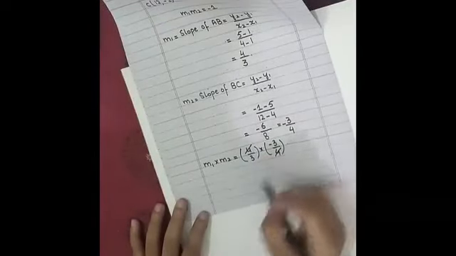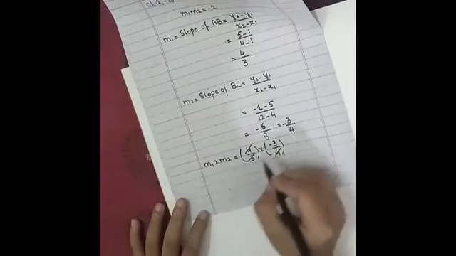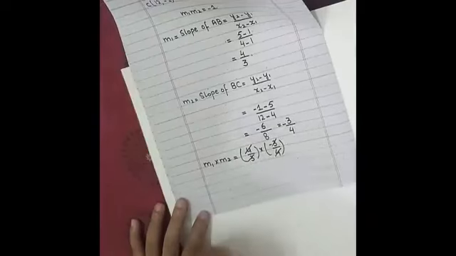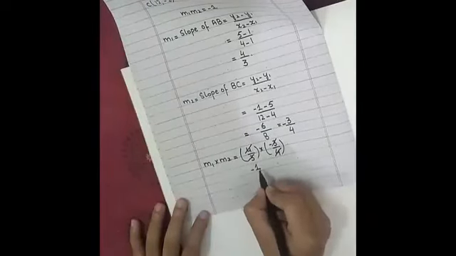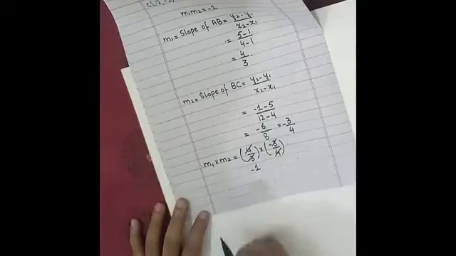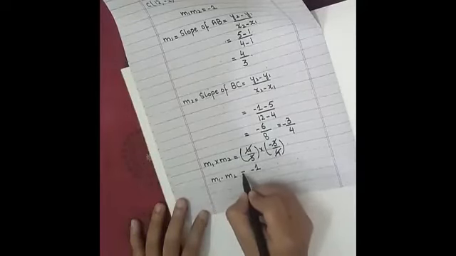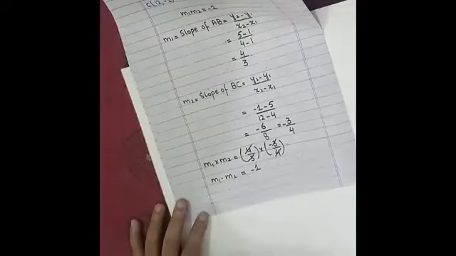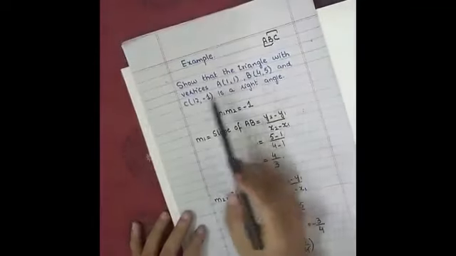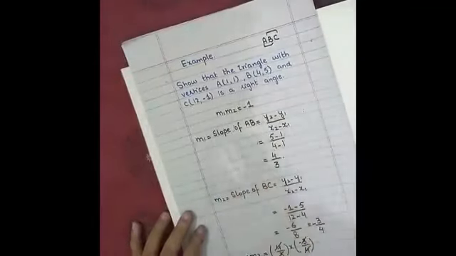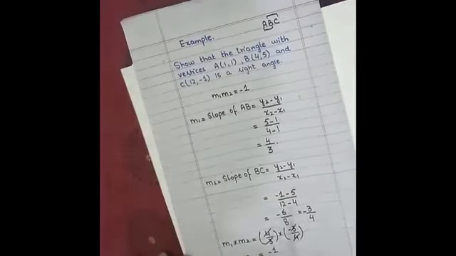This 4 and 4 will be cancelled out and this 3 and 3 will be cancelled out. So the answer is -1. So M1 times M2 is equal to -1. So it means that the triangle with these vertices is a right triangle.